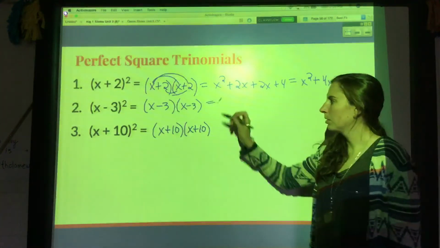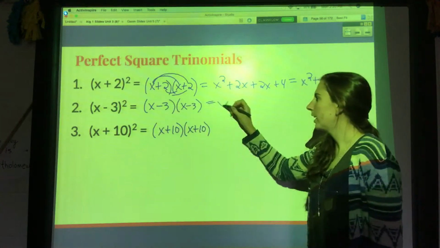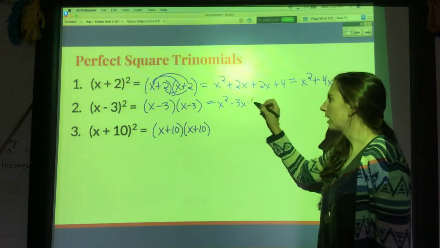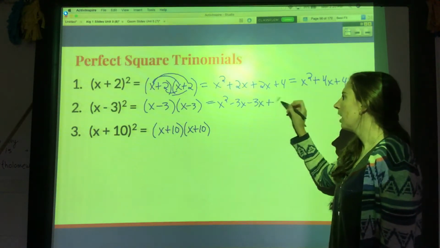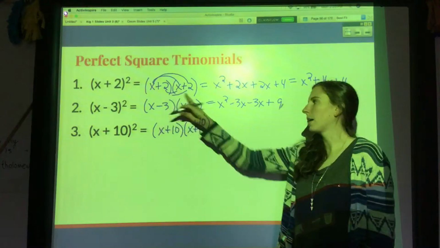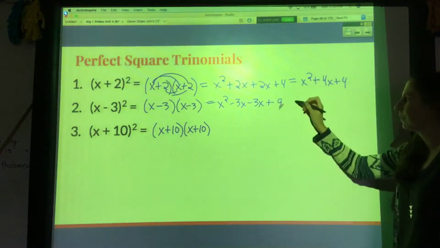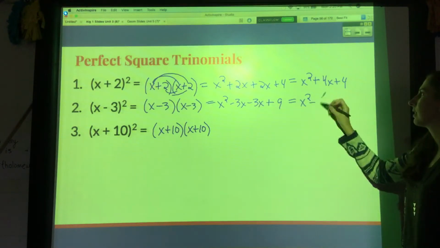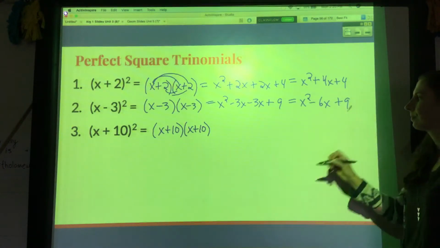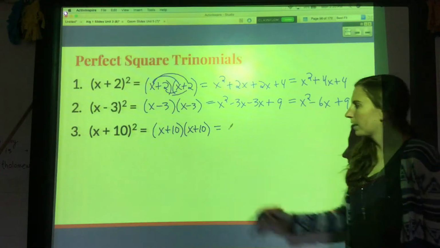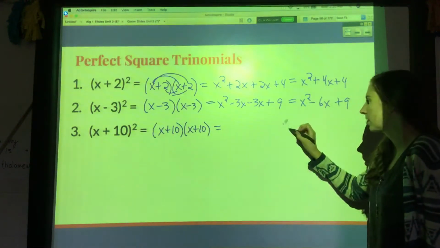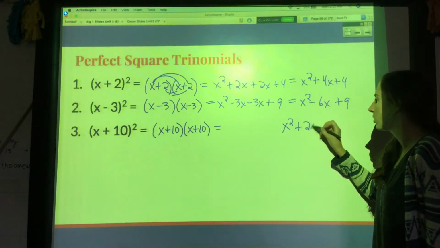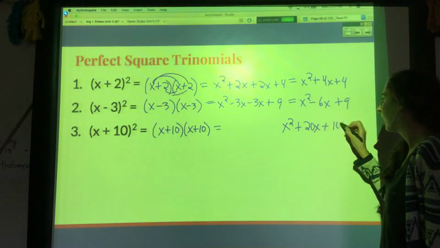This one becomes x squared minus 3x minus another 3x plus 9, because negative 3 times negative 3 is positive 9. So that becomes x squared minus 6x plus 9. This one becomes x squared plus 20x plus 100.